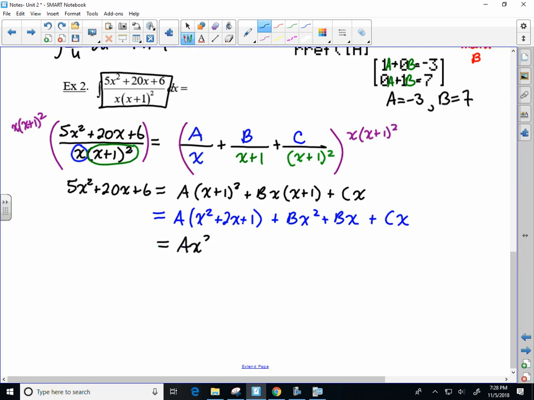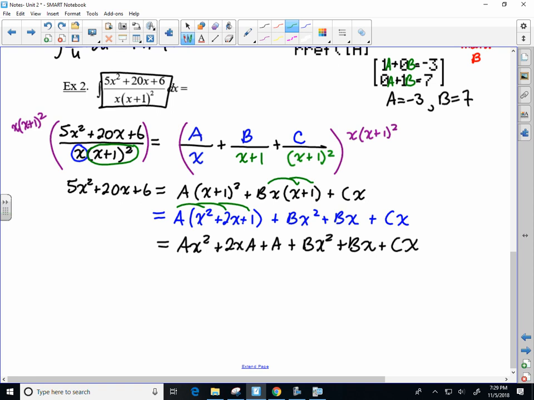I'm just running through with the distributive property. I FOILed out the x plus 1 squared, got x squared plus 2x plus 1. Then I ran through with an a. And then I just distributed the bx against the x and the 1. And then here I distributed the a against all this stuff.